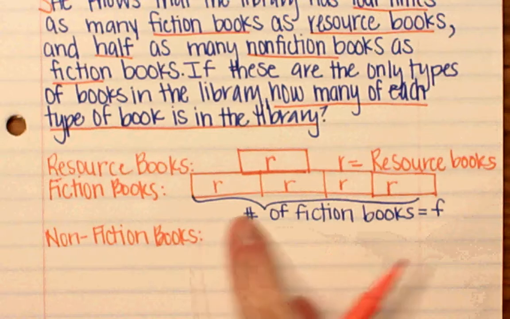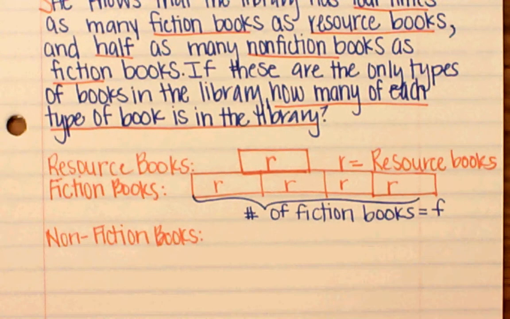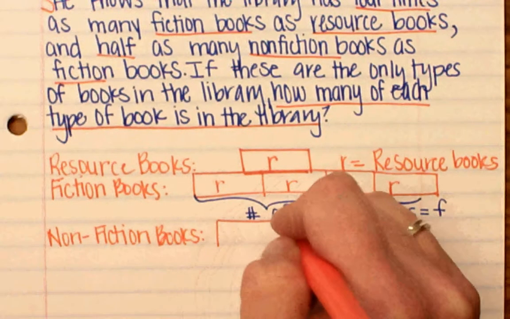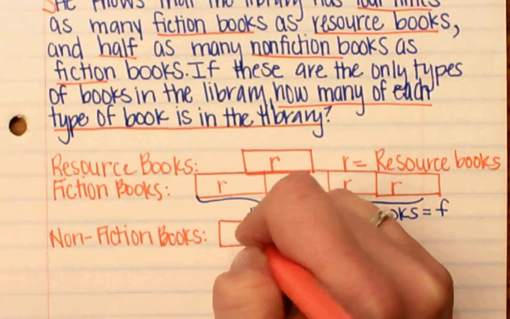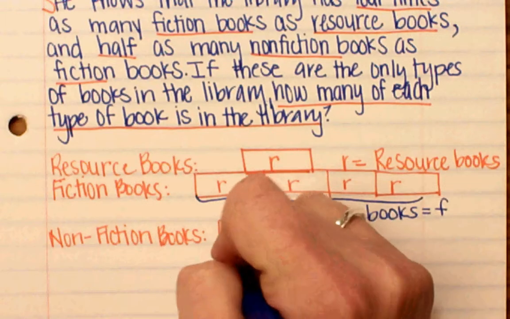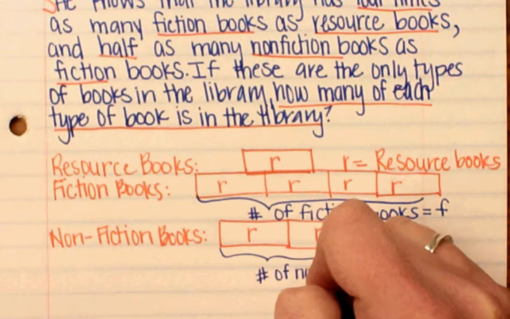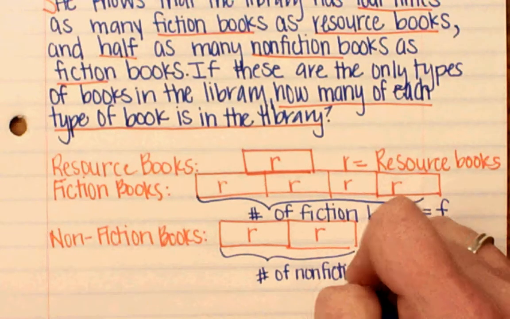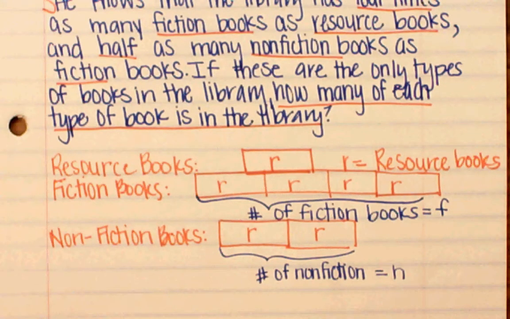So if this equals fiction books, and there are 4 pieces, then half of 4 would be 2. So I'm going to draw 2 pieces of the tape diagram, each being labeled R still. And that's going to equal the number of nonfiction. And I'm going to give it a variable, N.